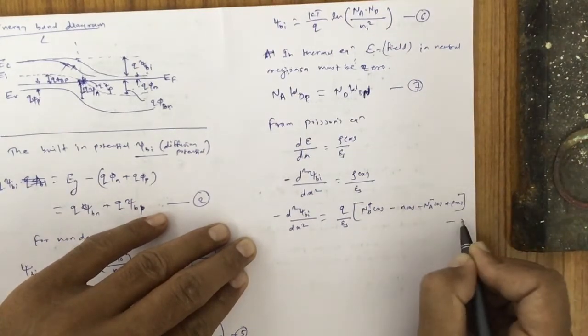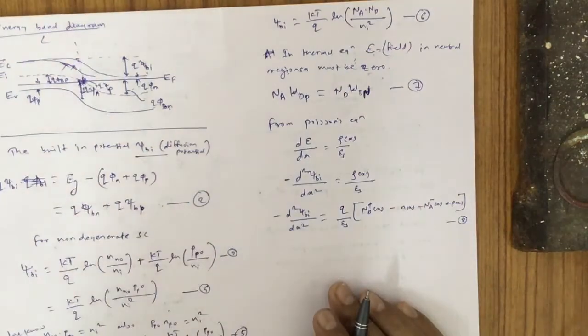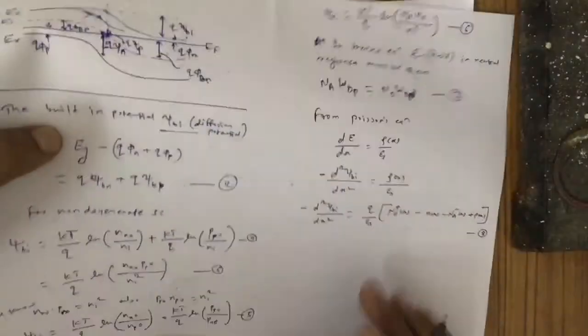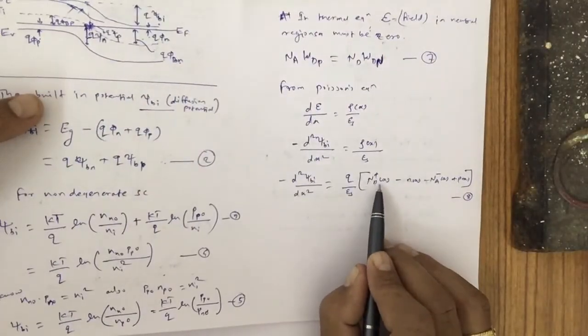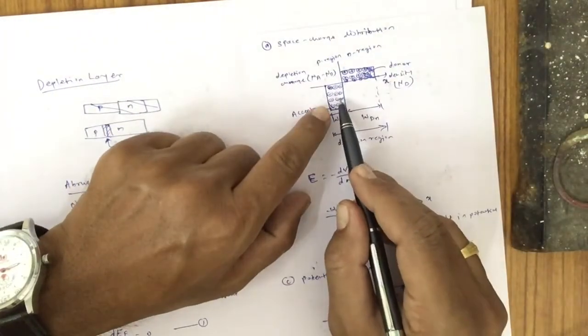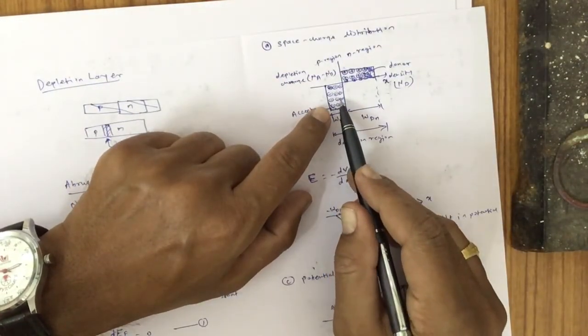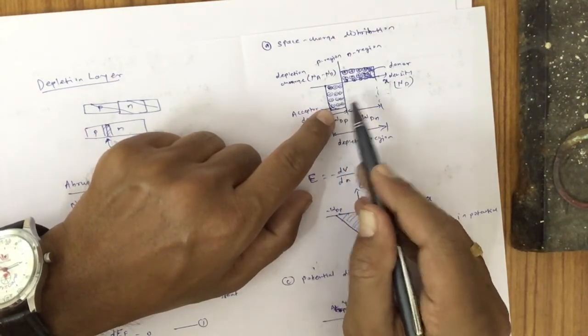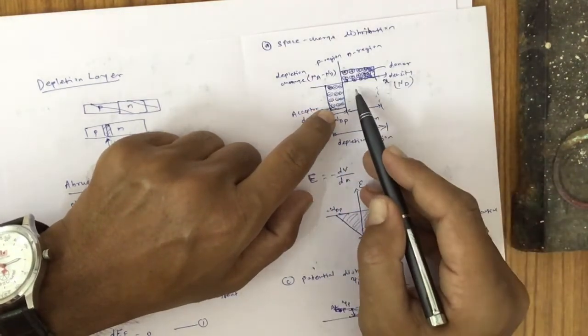Okay, this is the equation. Here I am just talking about the first term in our equation, that is Nd plus of x, meaning here we are having the higher impurity concentration of the donor, and that is excessively doped.